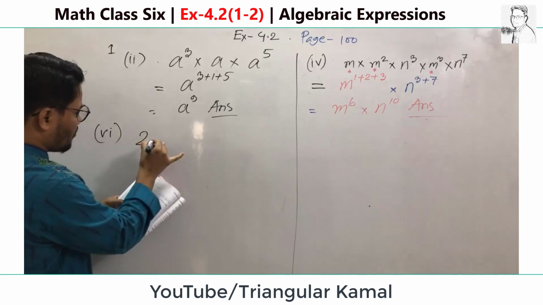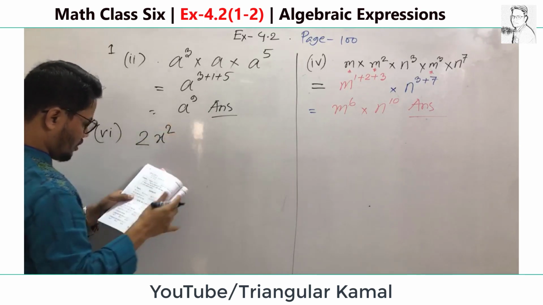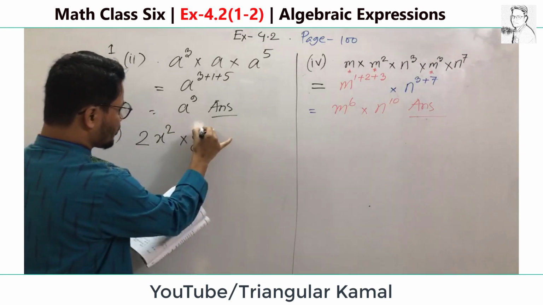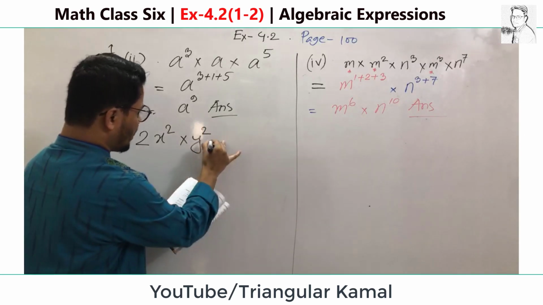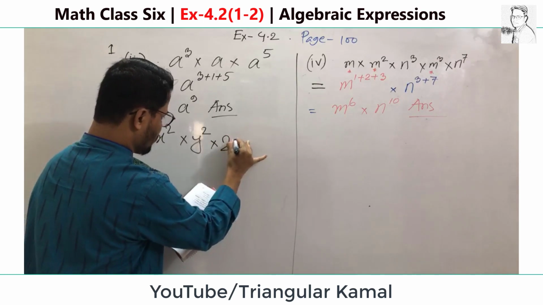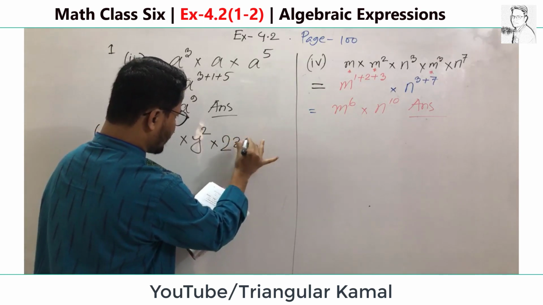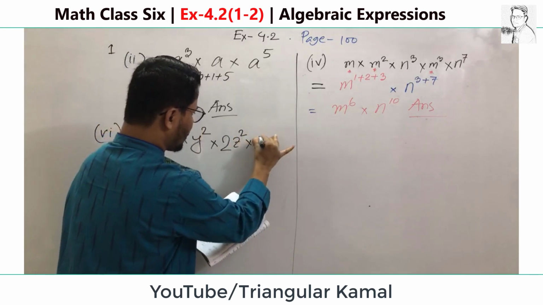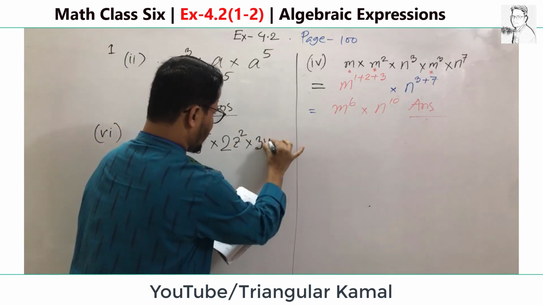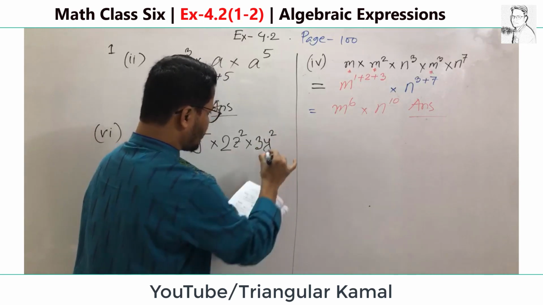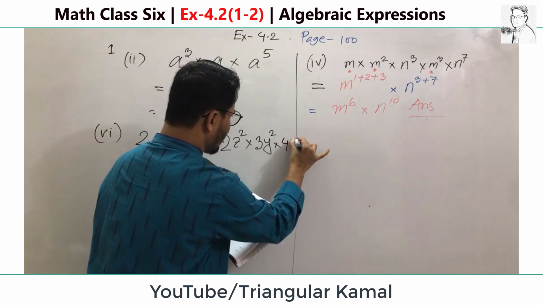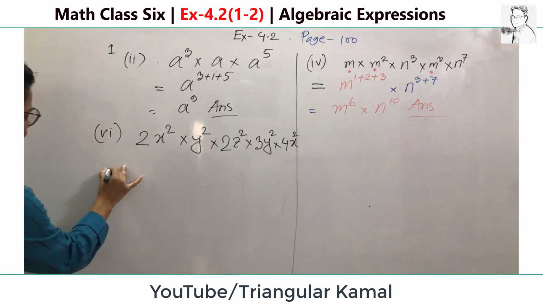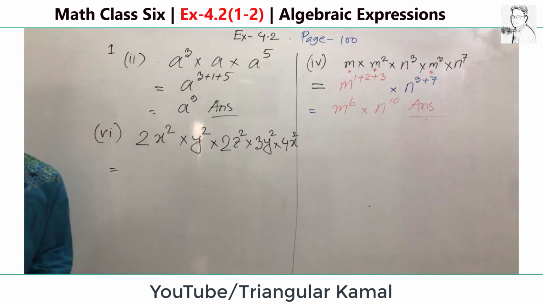2 x square multiplied with y square multiplied with 2 z square multiplied with 3 y square multiplied with 4x square. First multiply all coefficients.